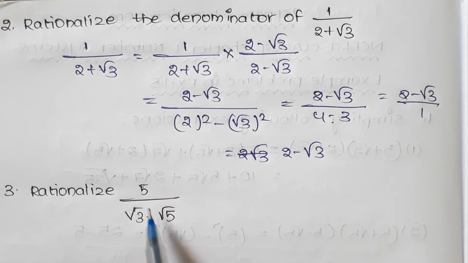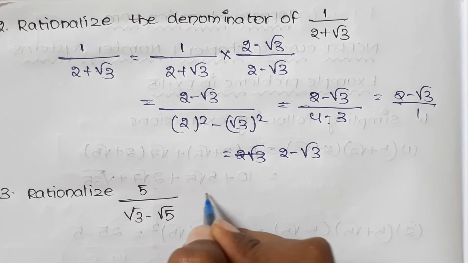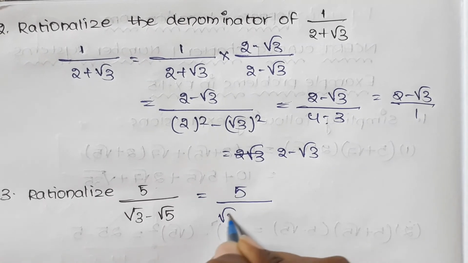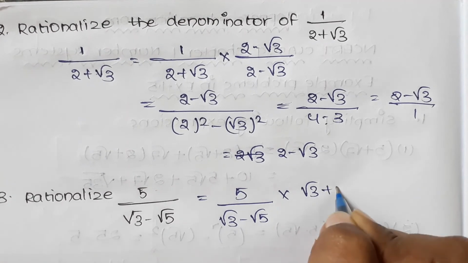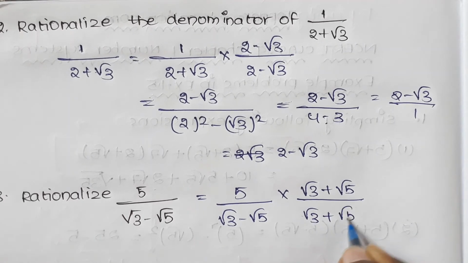This is the rationalization. Similarly, the next one is rationalize 5 by root 3 minus root 5. This is also similar. We should rationalize it: root 3 minus root 5 into root 3 plus root 5 by root 3 plus root 5.